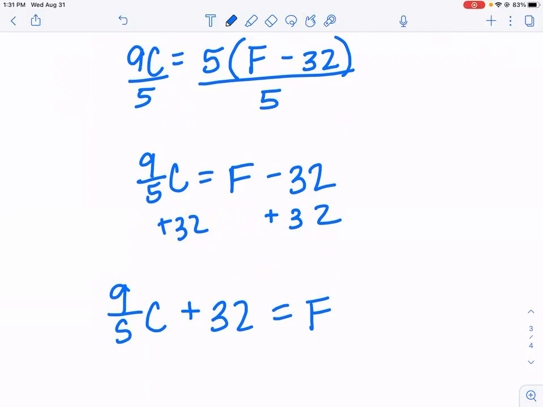You could plug 32 in for C and calculate what the degree is in Fahrenheit. Okay. What would it be? Whatever 9/5 times 32 plus 32 is. Sorry. Yes.